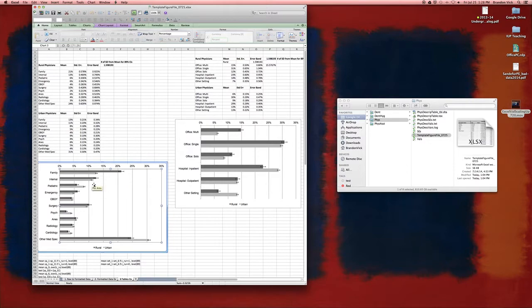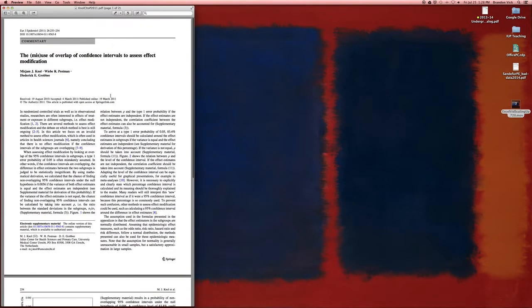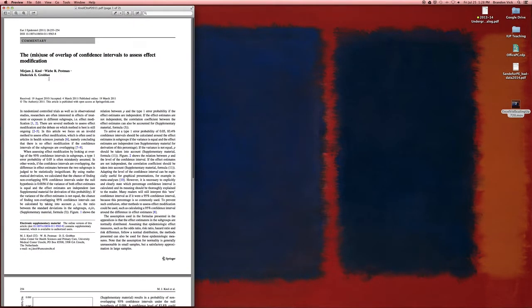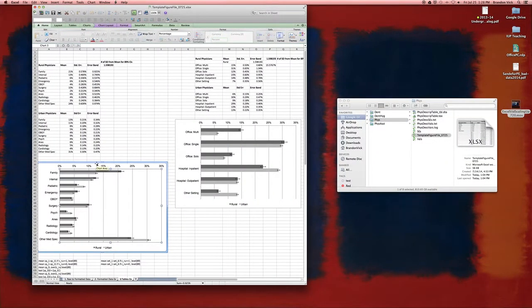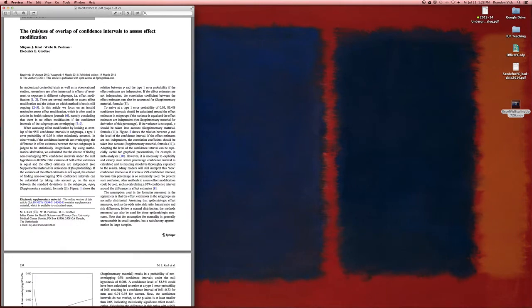Now, just a bit of the technical aspect of this. These bands are not 95% confidence intervals. I'm using a paper here by Knoll, Pessman, and Groby. Okay, for a statistical difference, you want to identify that the difference in these means has a p-value of less than 0.05, or a type 1 error of 0.05.